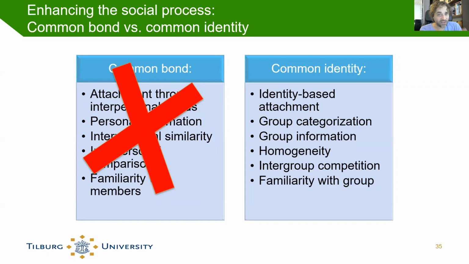But these studies, and that's what I also think, kind of show that if you do both, it may work better. So for example, if you're part of a group on corporate social media or part of a project team, that you get your own avatar, and not a 3D avatar, but your own group picture. So that you feel more part of the group instead of only feeling a bond with the individuals.